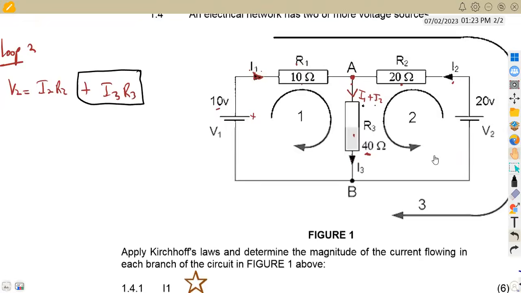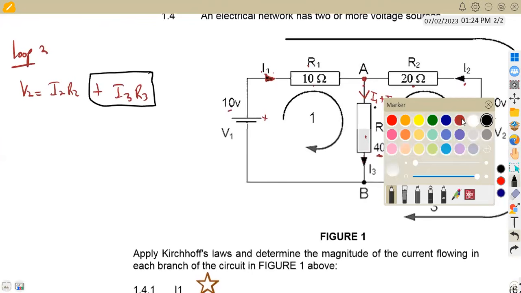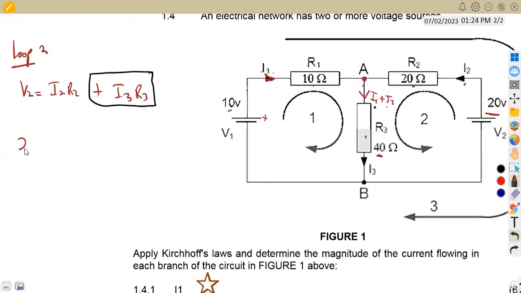We have our V2, which is 20 volts, our supply from that loop. So 20 is equal to I2 R2, R2 being 20 ohms, so it's 20 times I2. So we have 20 I2 plus I3 R3.